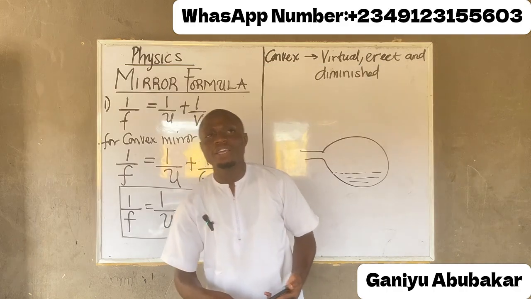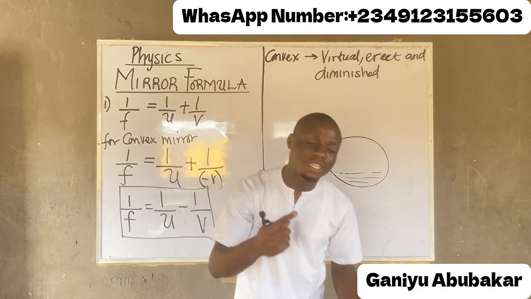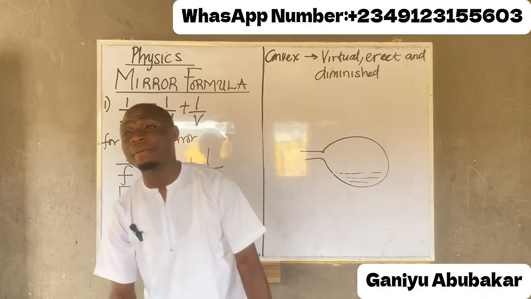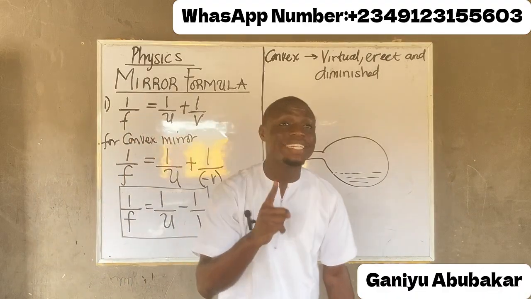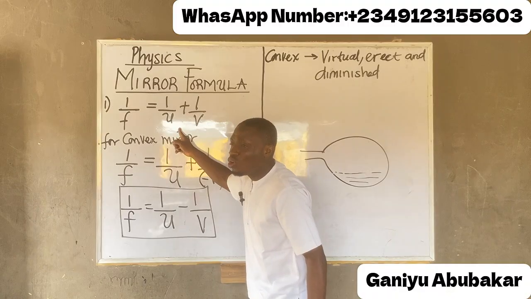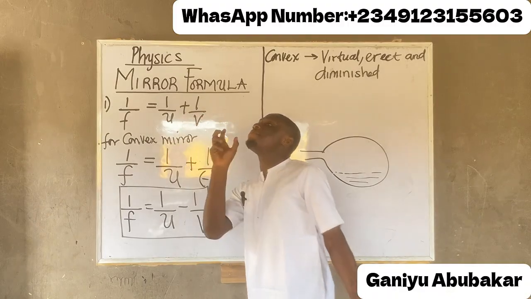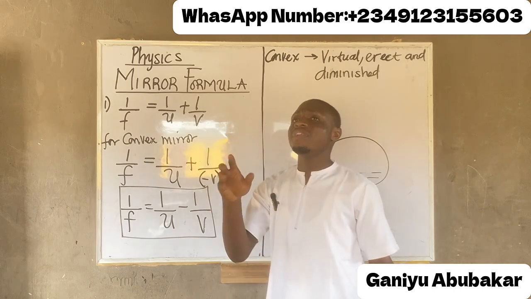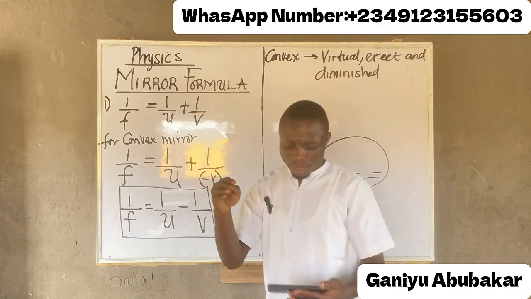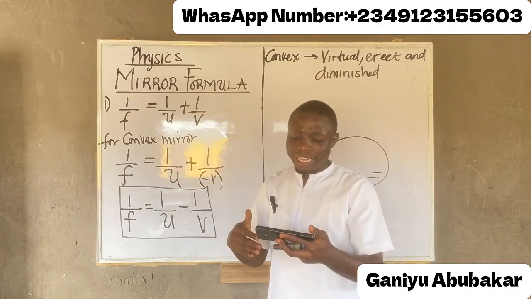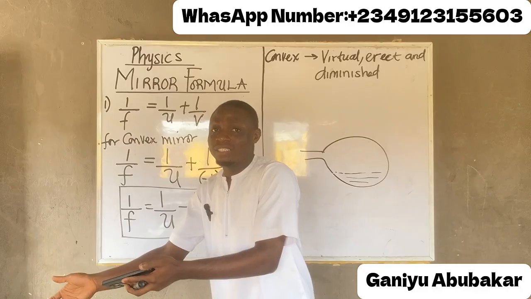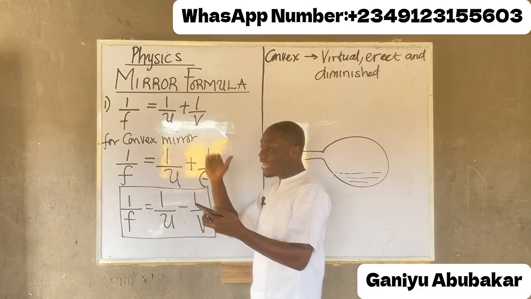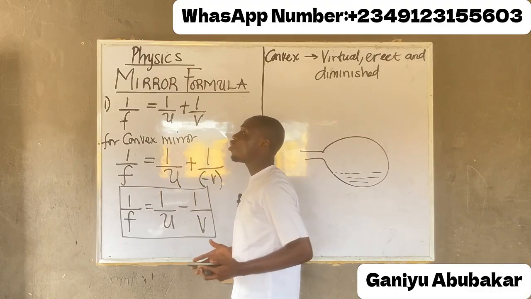Now, please, you can hear the word unity. If you are familiar with science terms, unity means one. So for a concave mirror, the magnification M can be less than 1, equal to 1, or greater than 1.